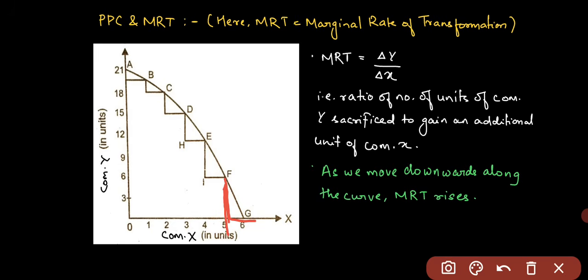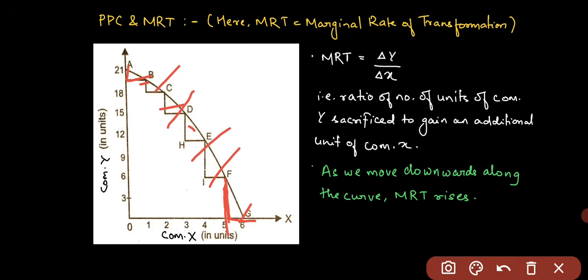You see, to get one more unit of x, at all these points A, B, C, D, E, F, G, you are losing more and more of commodity y.